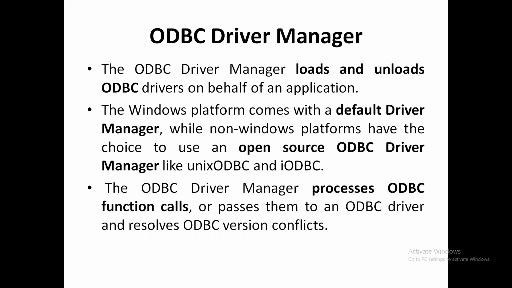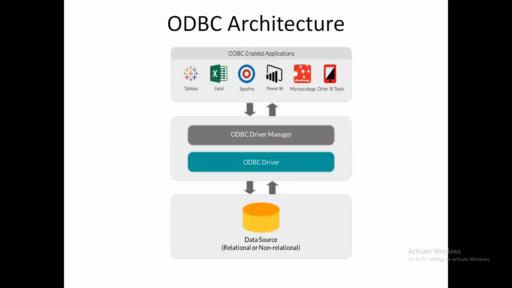Now we'll see the ODBC architecture. First, on the application side, we know these are a few applications of ODBC. These applications are going to access your DBMS. They need some data from the DBMS, so they are going to access your DBMS via the interface called ODBC.